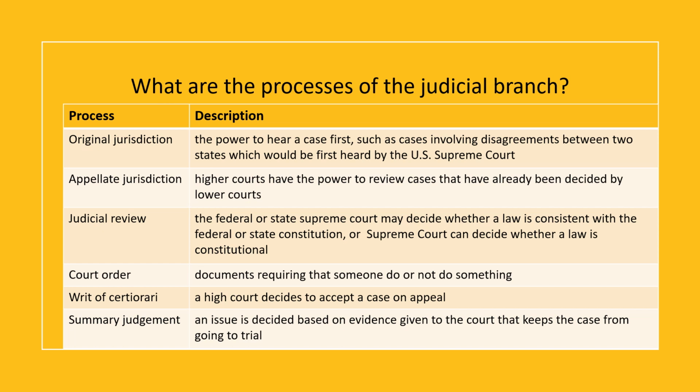Appellate jurisdiction means that a court has the power to review cases that have already been decided by lower courts. Most cases come to the U.S. Supreme Court as appeals cases.